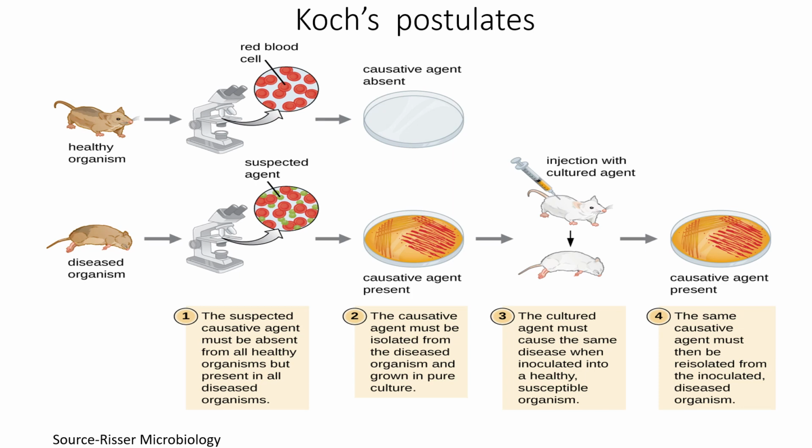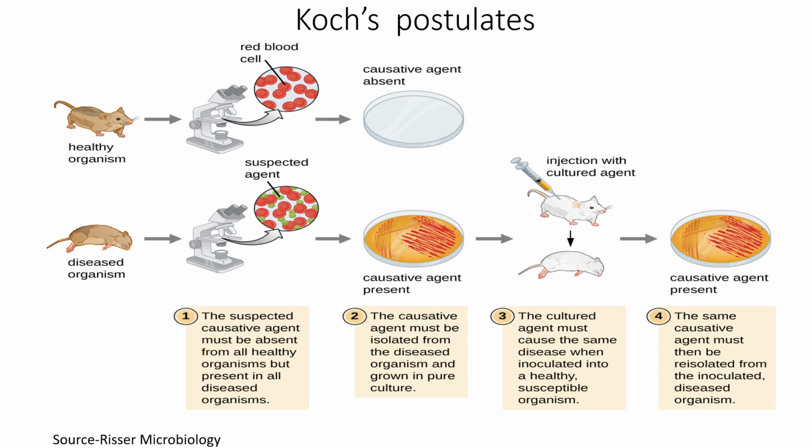There were too many confusions. Different laboratories came out with different organisms saying that this is responsible for a particular disease. So to clear all these confusions, Koch gave out a set of rules, a set of protocols to claim that a particular organism is responsible for a particular disease. And this has been put forward as Koch's postulates.